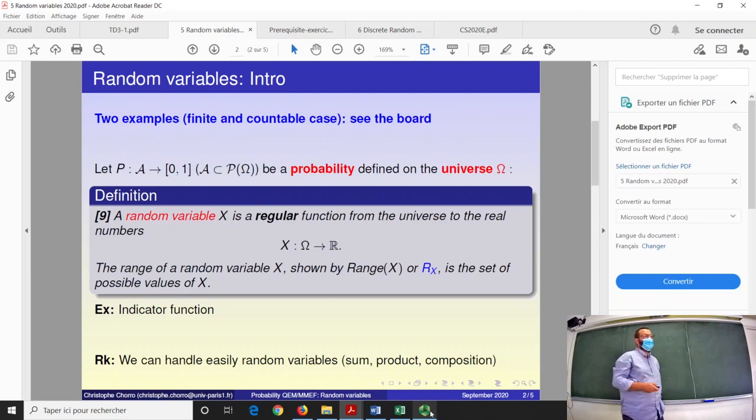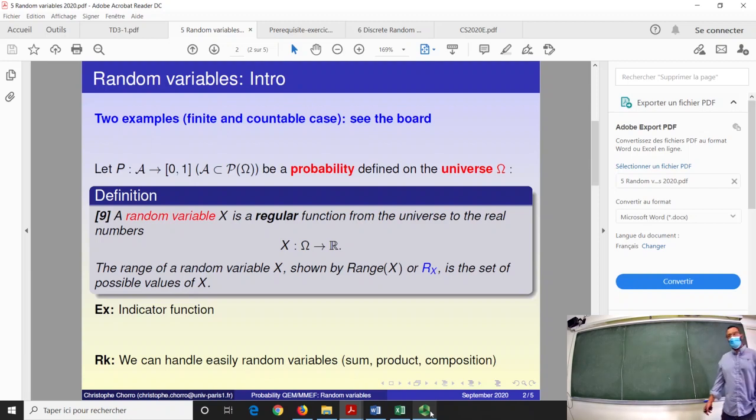If you see my definition, you have a regular here. What is the meaning of this regular? In this course, since I have decided not to speak about sigma algebras, and so not to speak about what is in fact the nature of this calligraphic A here, regular will mean for you everybody.